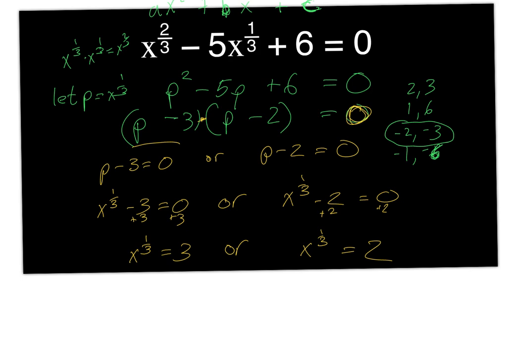X to the 1/3 is the same as the cube root of x. And maybe that helps. How do I get rid of a cube root? Well, let's go back. How do I get rid of a square root? What's the inverse of square rooting?